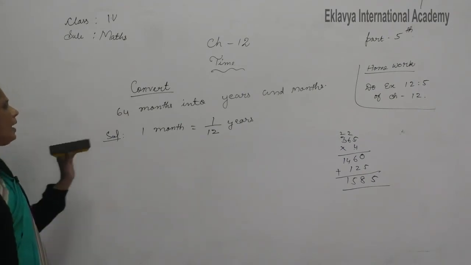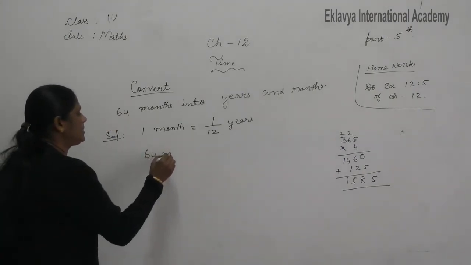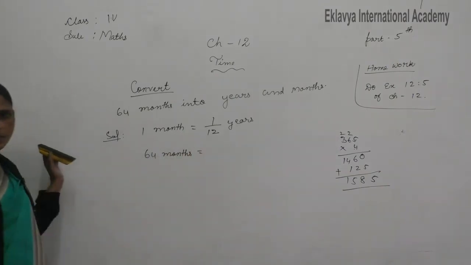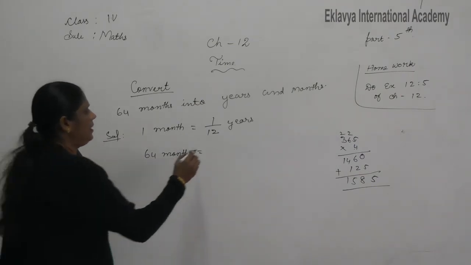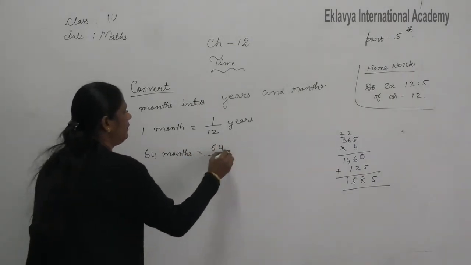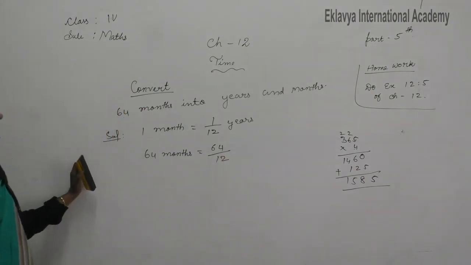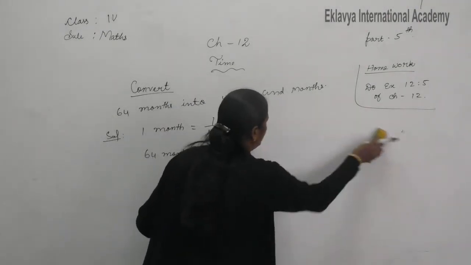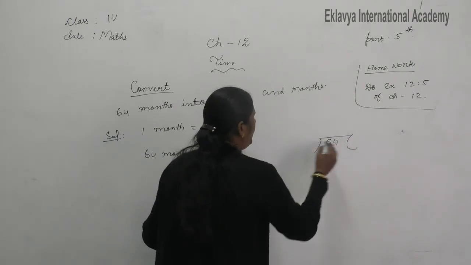Therefore, we have 64 months, which is equal to 64 divided by 12. First we divide 64 by 12.